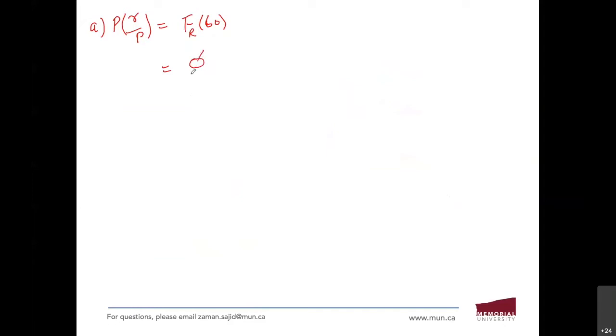Now this will become 1 over w, which is 0.246, natural log of your R value, which is 60 here, over the y naught value. This turns out to be phi of z, with z equal to minus 1.046.